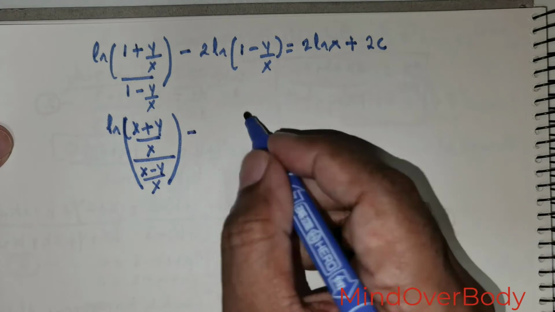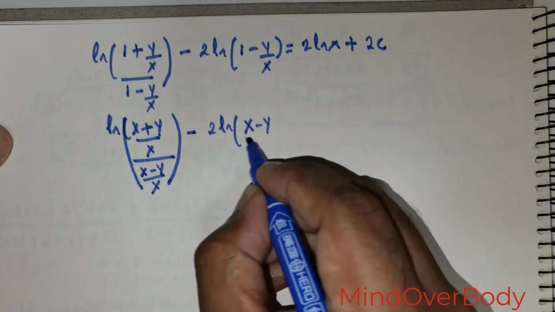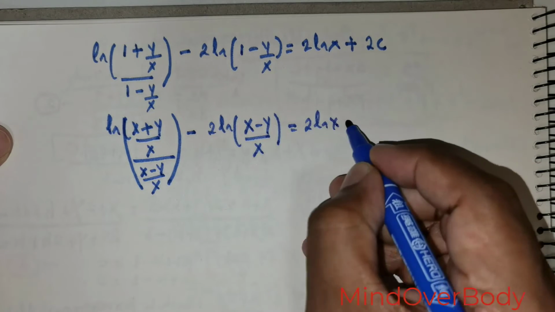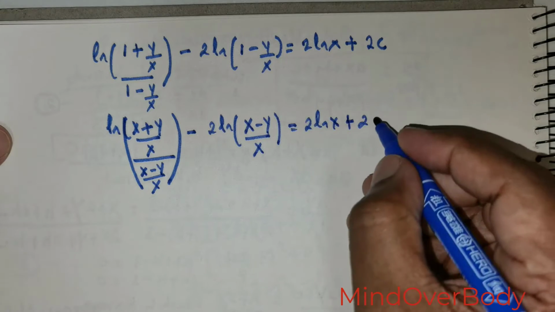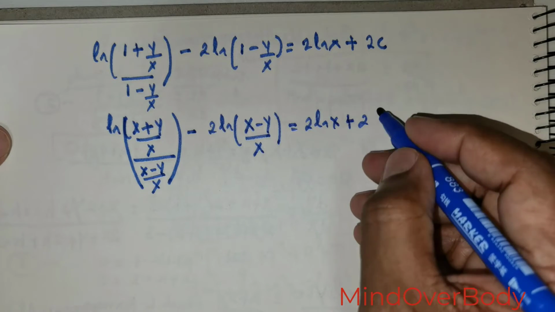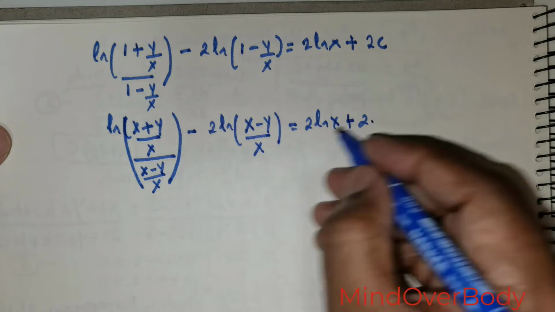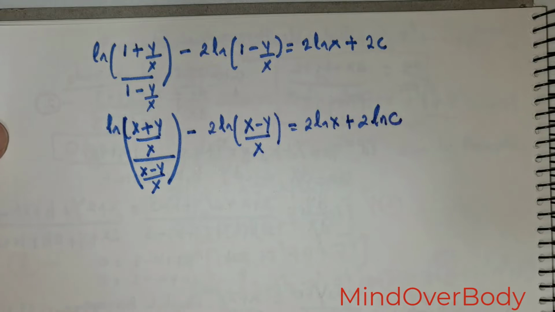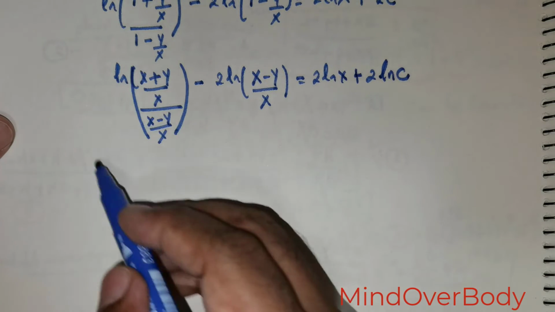Negative 2 times ln of x negative y divided by x is equal to 2 times ln of x positive. You can either write it as 2 times c, or you can write it as 2 times ln c, because you have logarithms present everywhere, so that doesn't matter because it's still going to be an arbitrary constant. So you got these two terms.